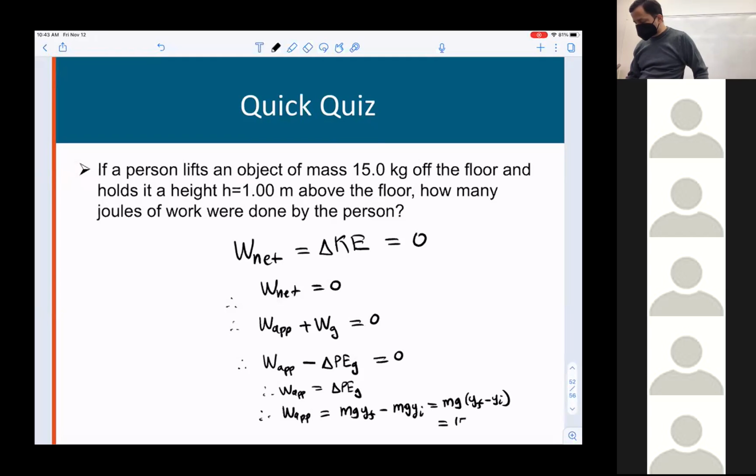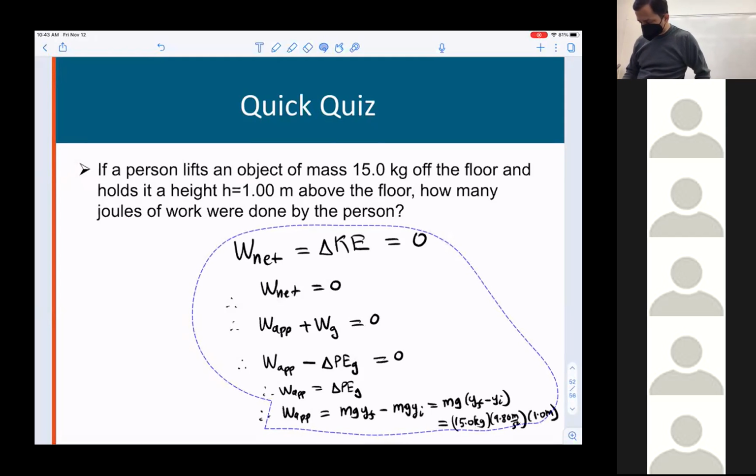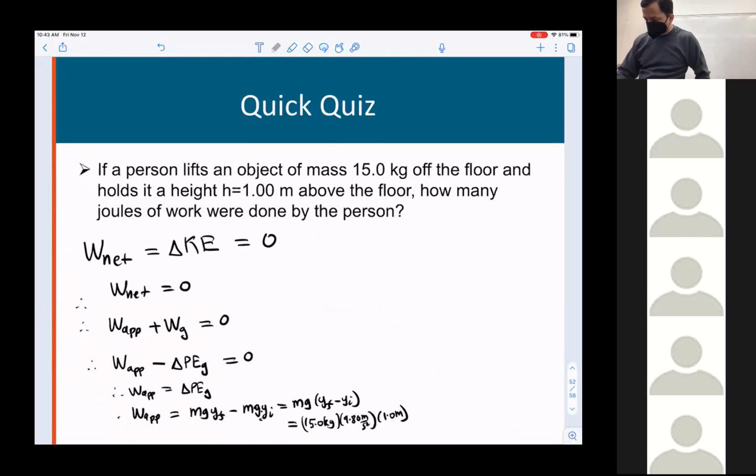So this is like 15 kilograms times 9.8 meters per second squared times 1 meter. We lifted it up by 1 meter. And so therefore you get that the work done by you is about 147 joules.